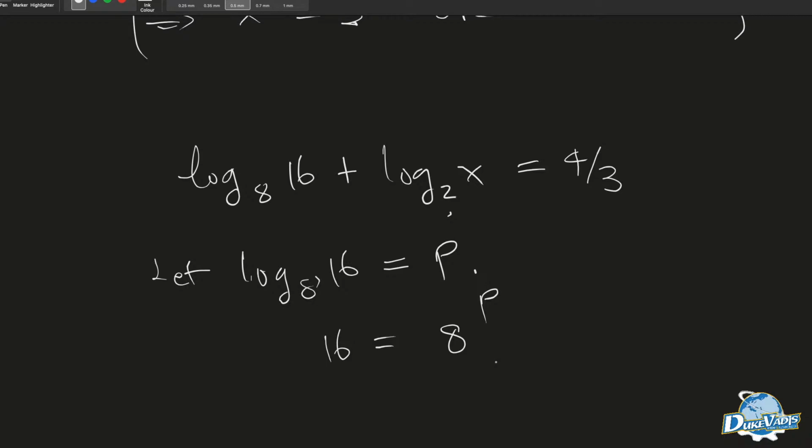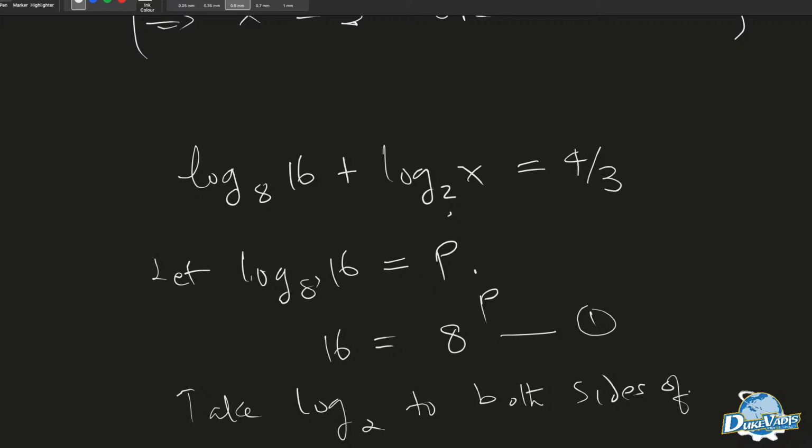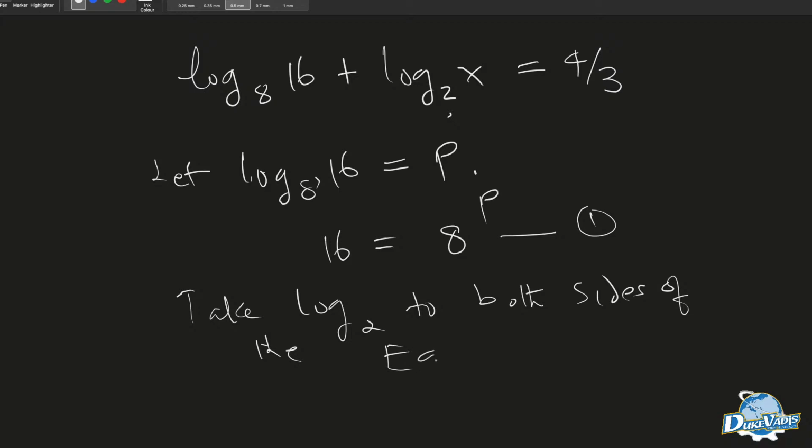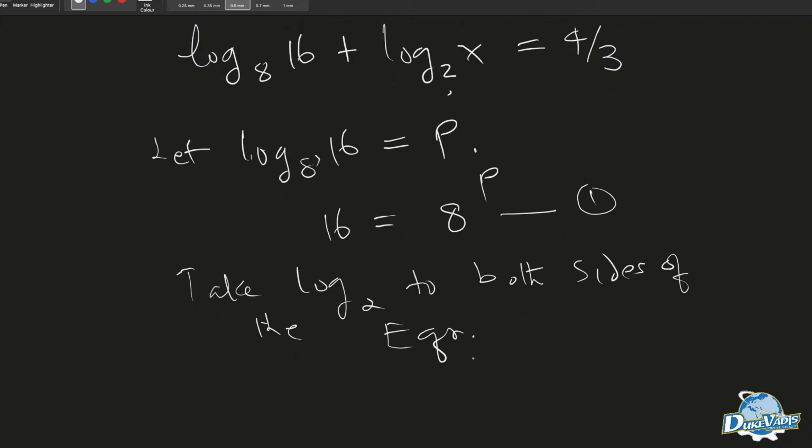Then we take log base 2 of both sides of the equation. So here, log to the base 2 of 16 is equal to log to the base 2 of 8 to the power p.